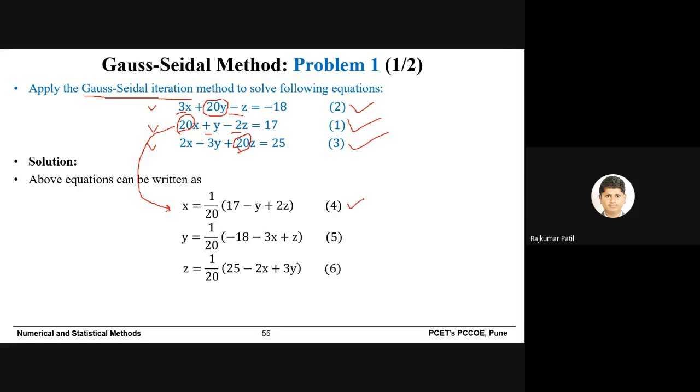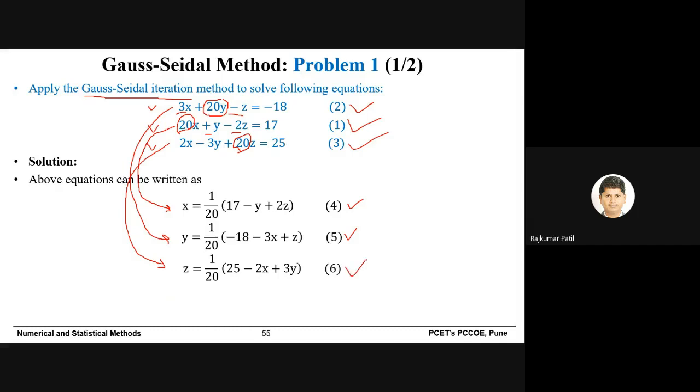Similarly, we can rewrite equation number 2 as y is equal to 1 upon 20 into bracket minus 18 minus 3x plus z. Now this will be equation number 5. And then equation number 3 can be rewritten as z is equal to 1 upon 20 into bracket 25 minus 2x plus 3y. Now this will be our equation number 6.